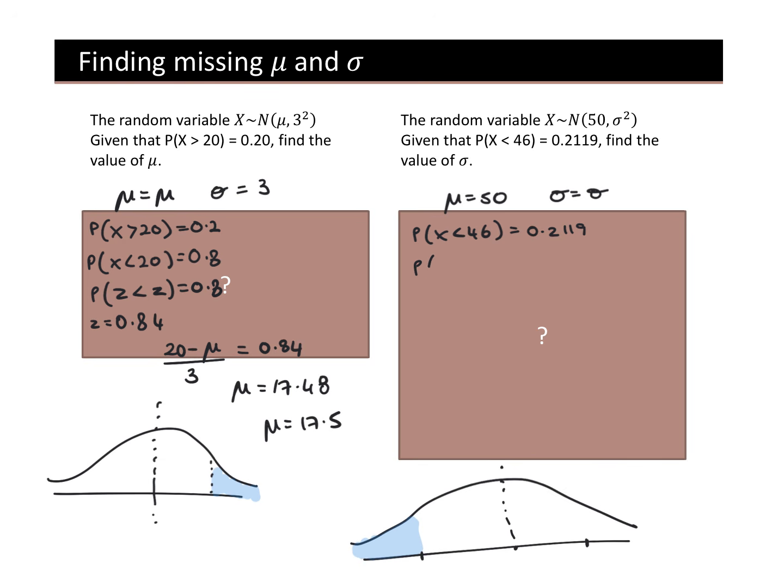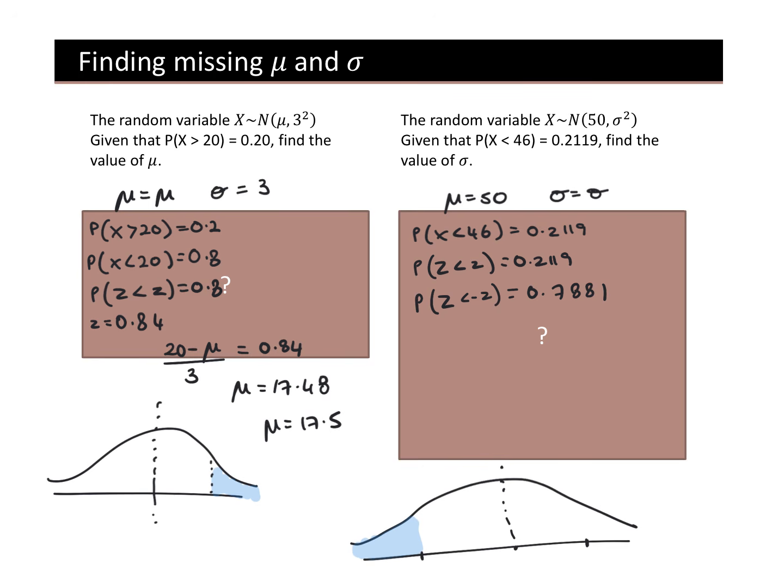So, even though this is the probability of z being less than z equals 0.2119, because it's less than 0.5, this is the same as finding the probability of z being less than negative z, which is 1 minus 0.2119, which is 0.7881.